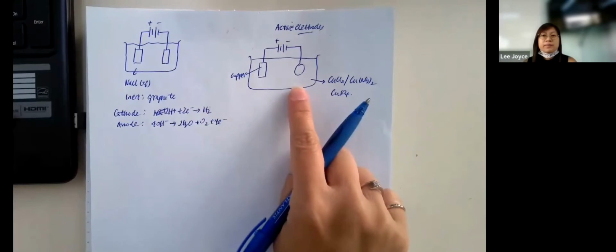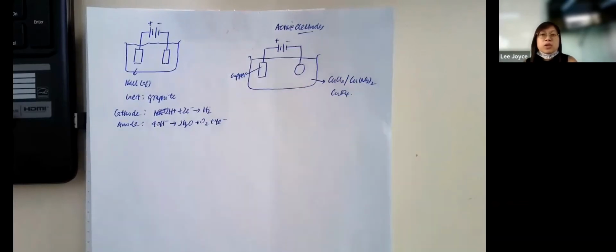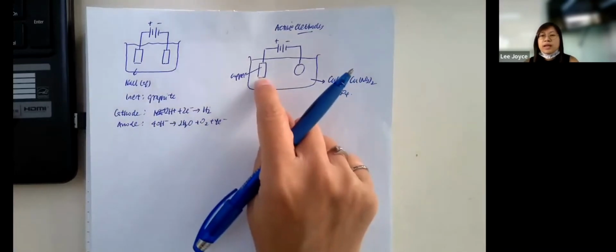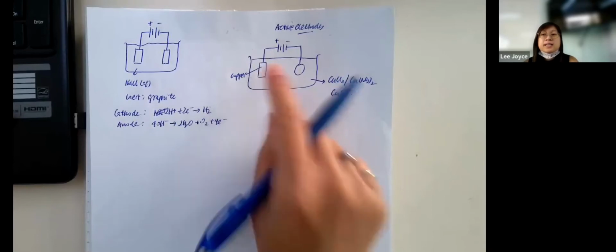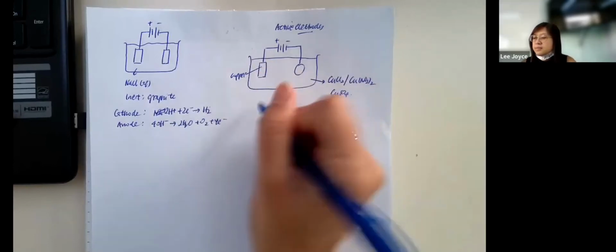Now when the current is switched on, what happens first is that the copper electrode will get oxidized. That means the copper electrode takes part in the reaction.